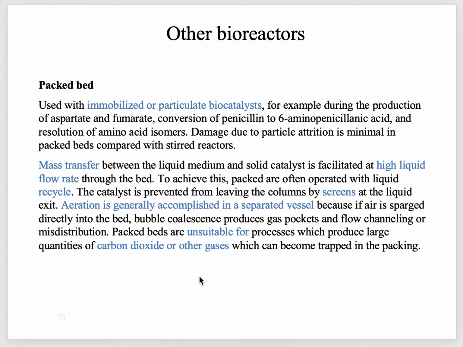So packed bed bioreactors are used with immobilized or particulate biocatalysts, for example during the production of aspartate and fumarate. The conversion of penicillin to 6-aminopenicillanic acid and the resolution of amino acid isomers are also done in fermentation, and in this case packed bed bioreactors are used.